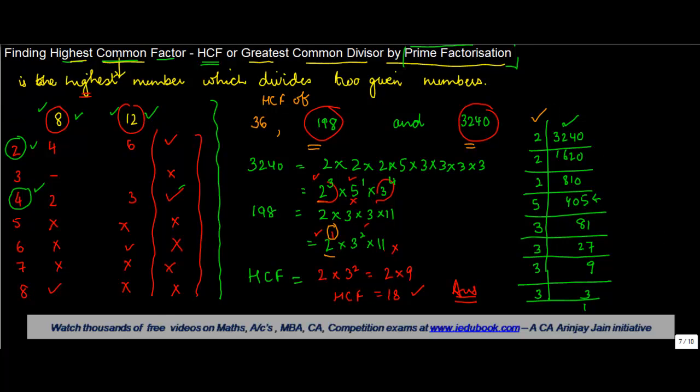So the next number that you have is 36. Similarly, you will find out the prime factors of 36. So 2 into 18, 2, 9, 3, 3, 3, 1. Or this becomes basically 2 to the power 2 into 3 to the power 2.